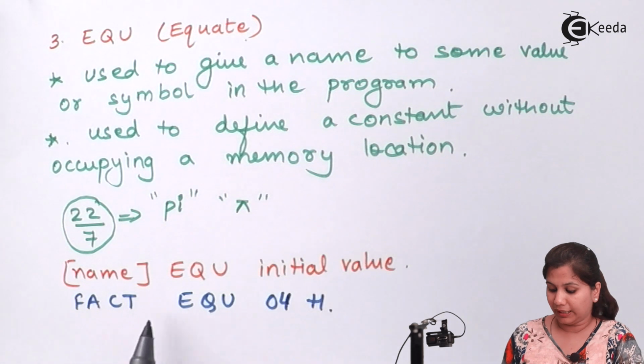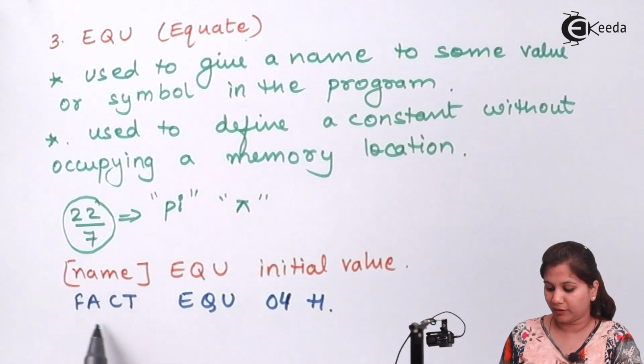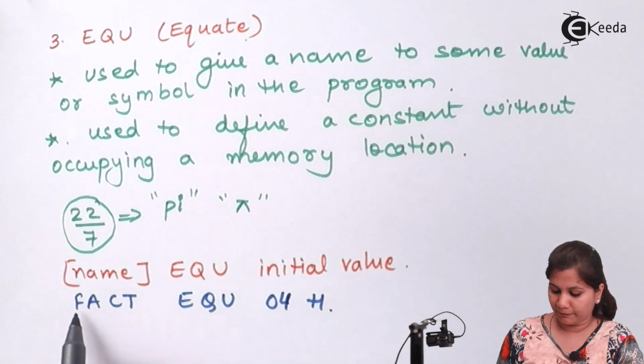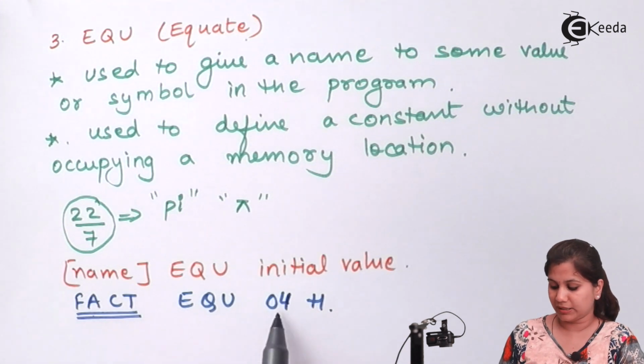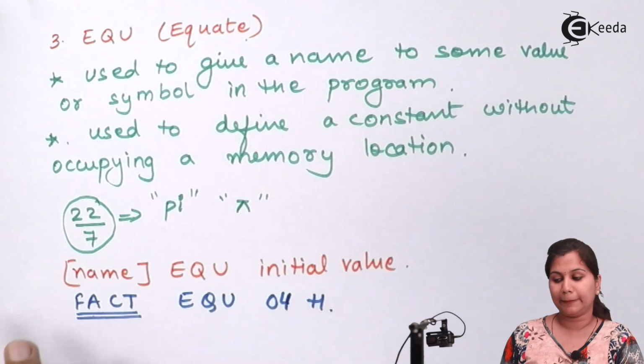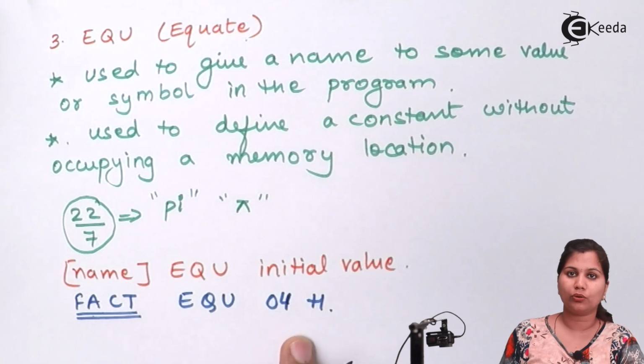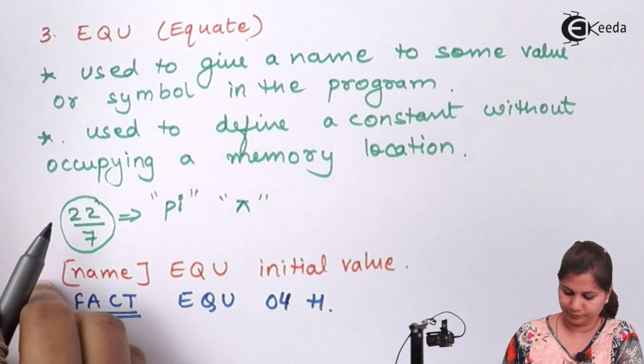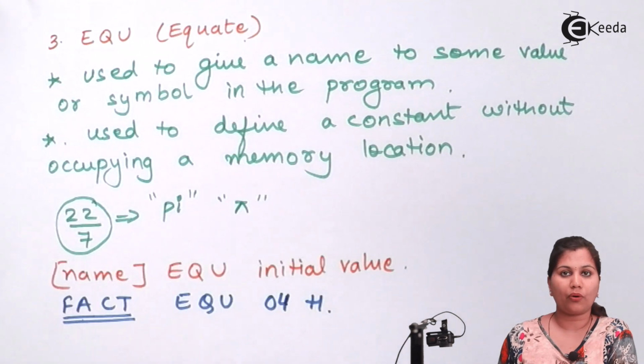It means that we have given this fact a value 04. Okay. Now whenever in the program we are using fact, it means the assembler is going to replace this with the value 04. Okay. So this is the use of the assembler directive equate.